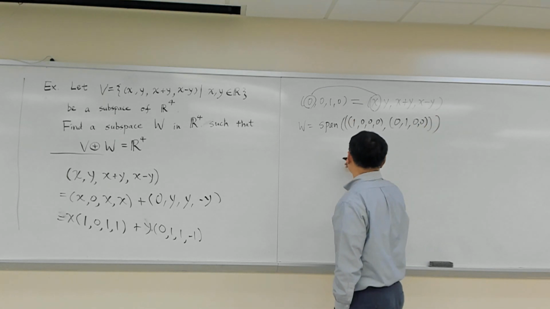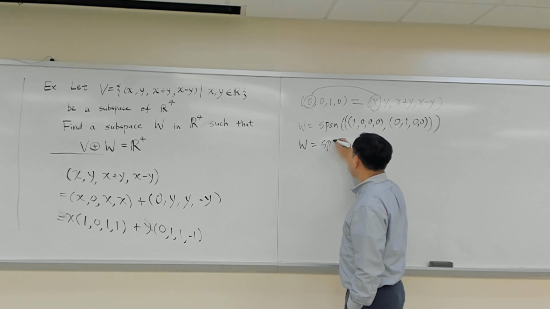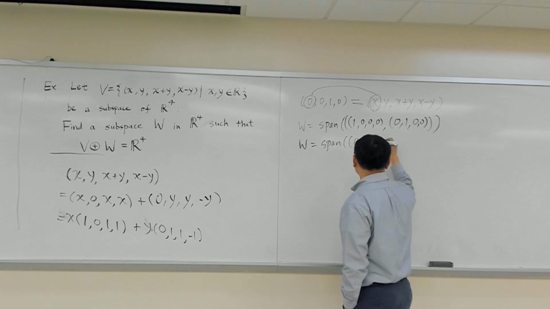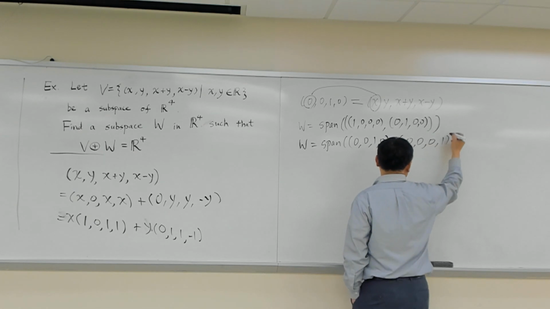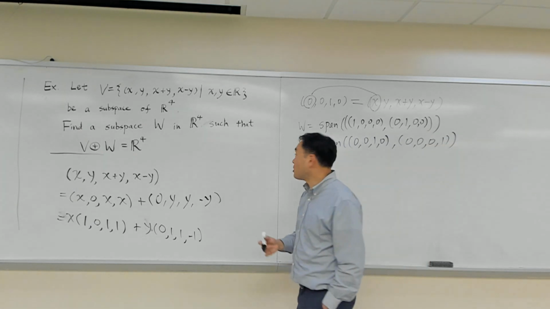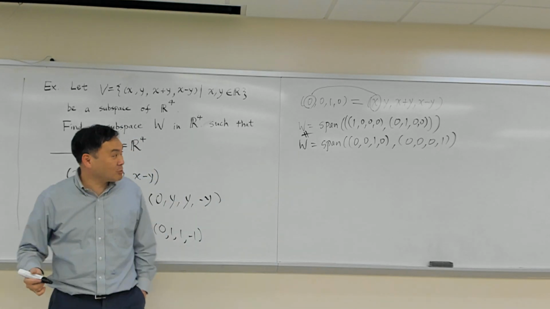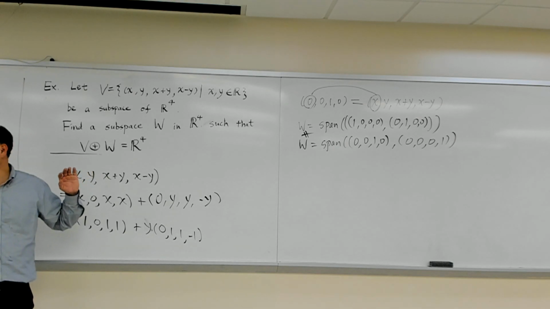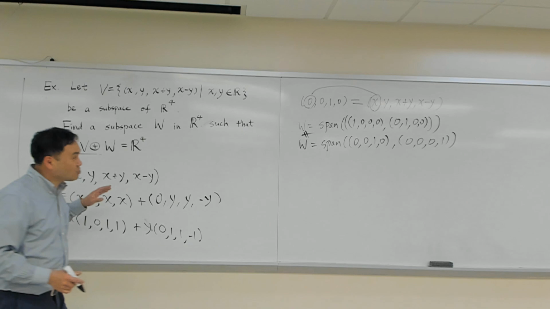Another possibility is the span of 0, 0, 1, 0 and 0, 0, 0, 1. That's another possibility. Of course, these two are different, but yet they both satisfy the condition of the question, okay?